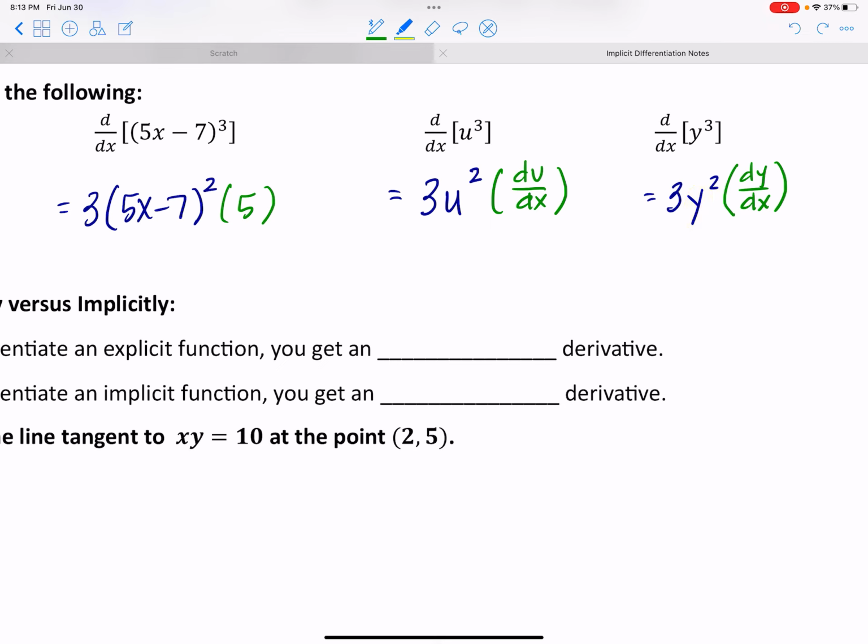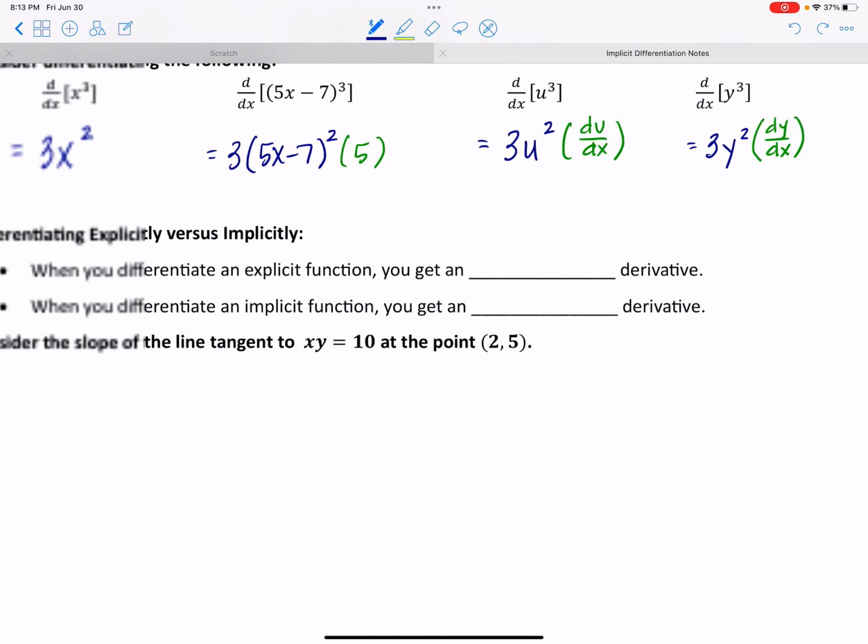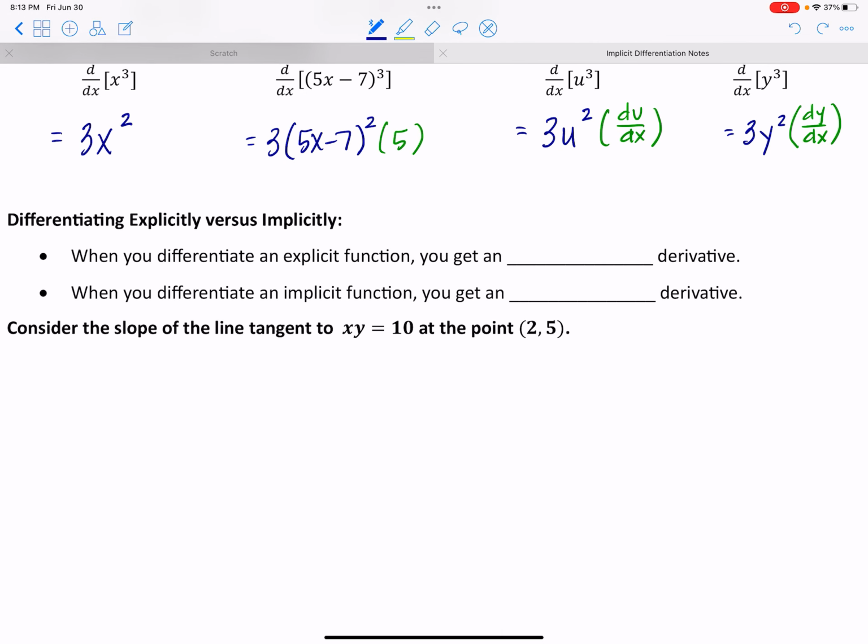So one other thing I want to point out is when you're taking the derivative of a function, if it's an explicit function, then you get an explicit derivative. Okay, so if you start with a function that's y equals something over here with an x, then when you take your derivative with respect to x, you're going to get 2x over here, again, something explicit.